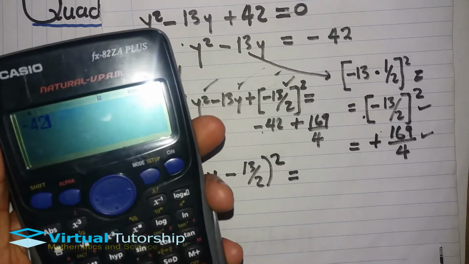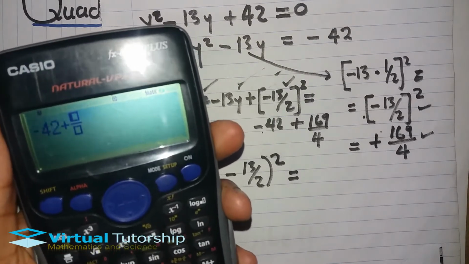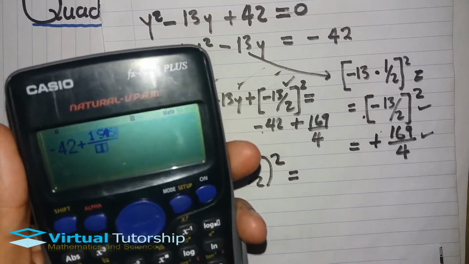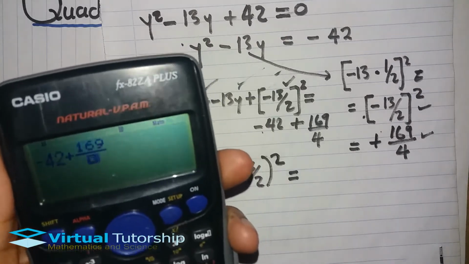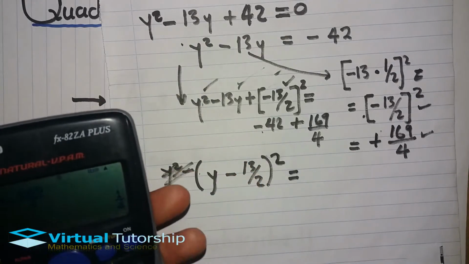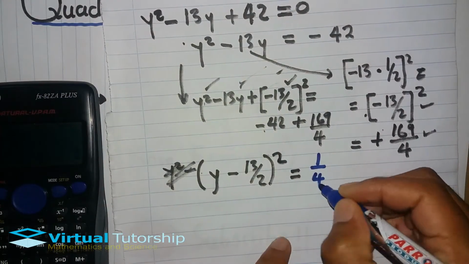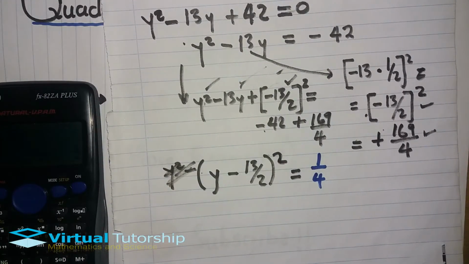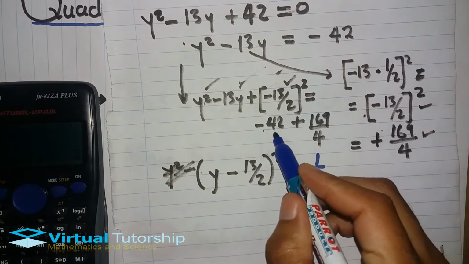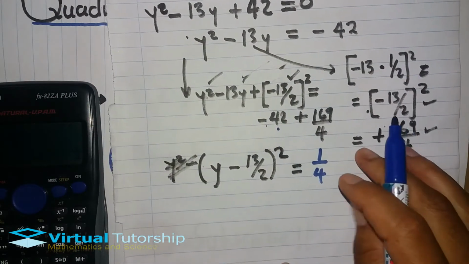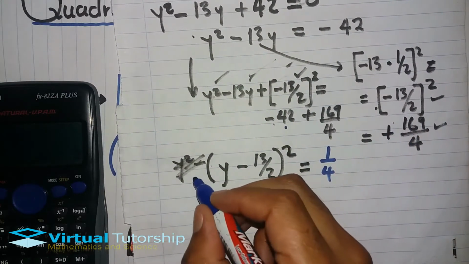plus 169 over 4 equal to 1 over 4. When I add these two I get 1 over 4. So from here, what do I do?